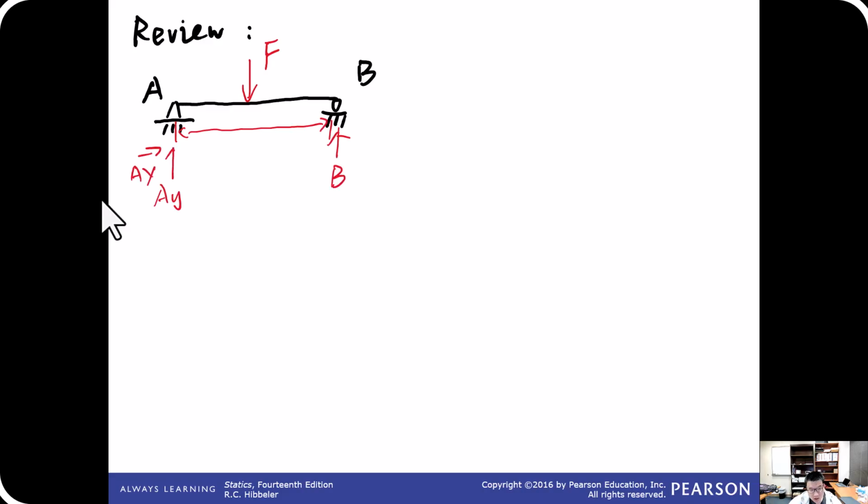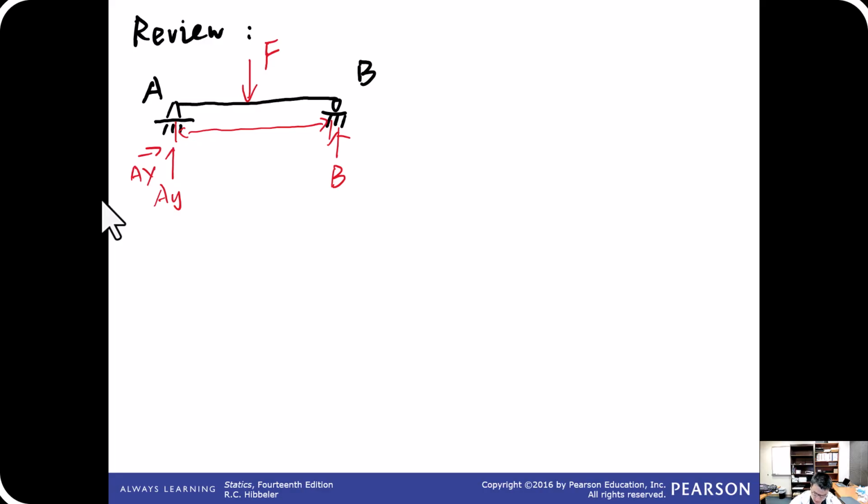By now, you should be able to solve problems like this: if I give you a beam, one side is a pin, another side is a roller, and I give you the geometry, you should be able to solve for AX, AY, and BY.